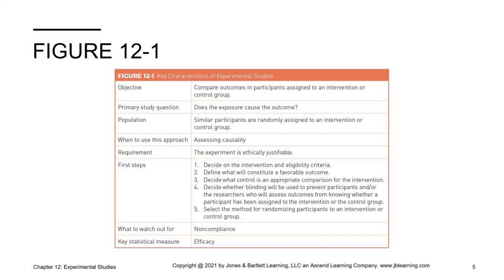Some of the things you want to think about as the first steps include to decide on the intervention and eligibility criteria, define what will constitute a favorable outcome, decide what control is appropriate in comparison to the intervention, decide whether blinding will be used to prevent participants or the researchers from knowing the outcomes, and select the method for randomizing participants to an intervention or control group.